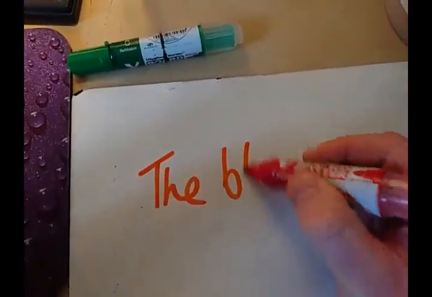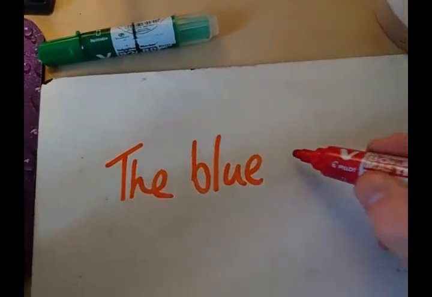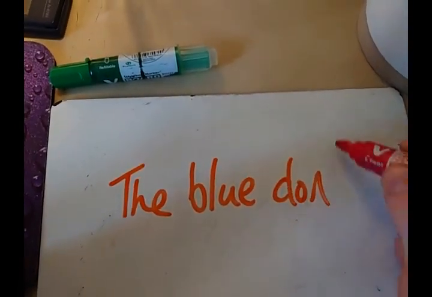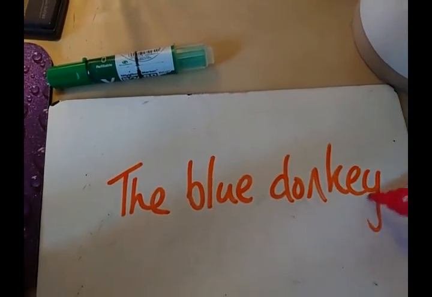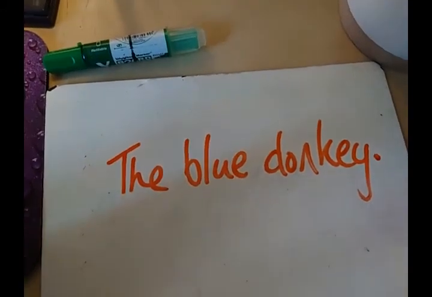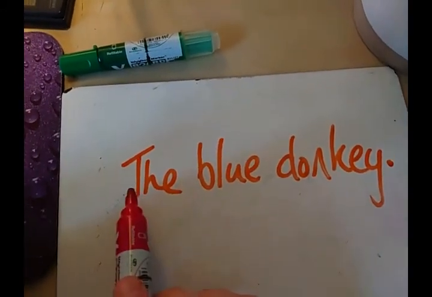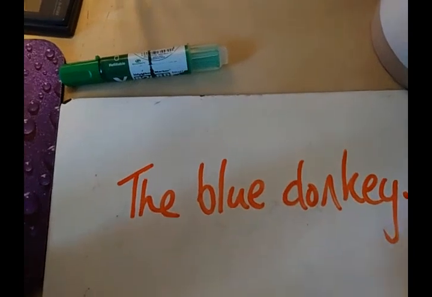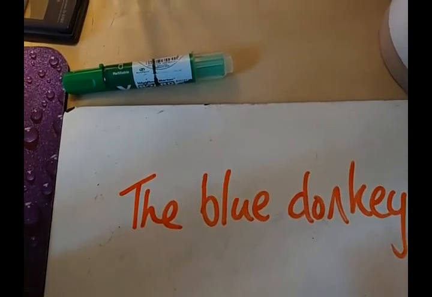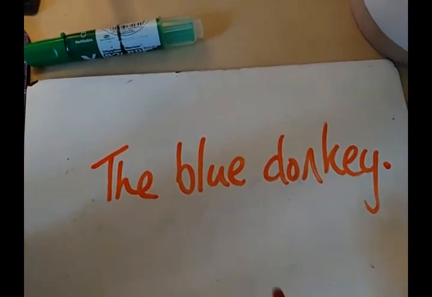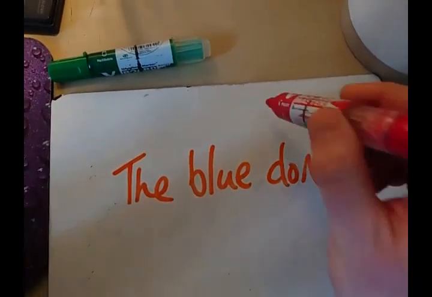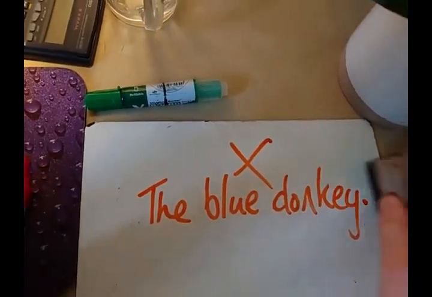The blue donkey. That makes sense. It's got a full stop. It's got a capital letter, but it doesn't have a verb. There's no verb there. So without a verb, that is in fact not a proper sentence.